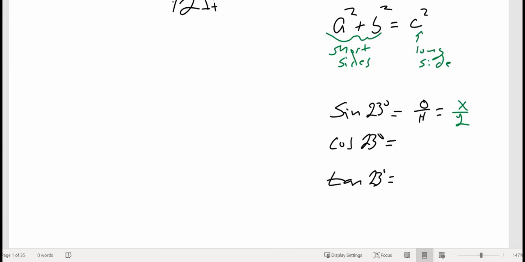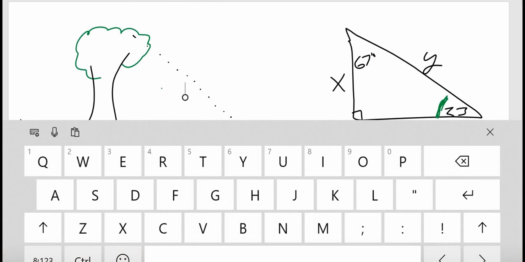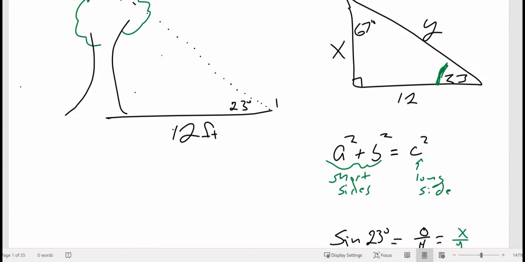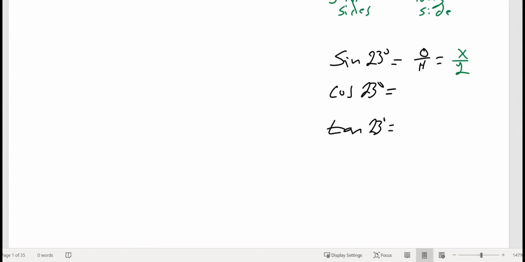Okay. Now, the cosine is the adjacent side over the hypotenuse. So the adjacent side is the one that's touching it and not the hypotenuse, okay? So the adjacent side was the 12. So this is really adjacent divided by hypotenuse.